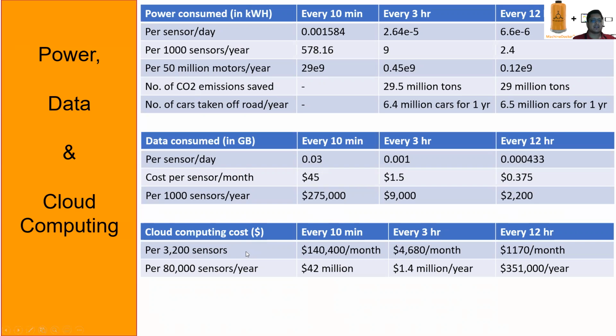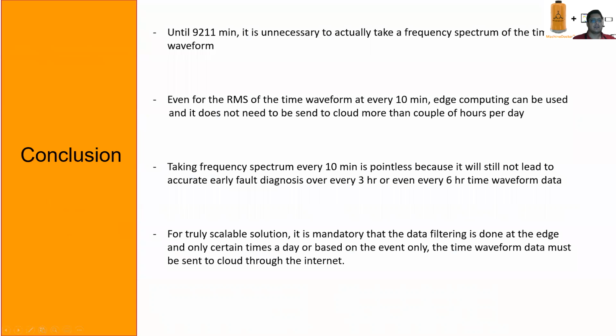For a large conglomerate that has up to 80,000 sensors installed, this can cost almost $42 million per annum with every 10-minute waveform data, while with every 12-hour waveform data, these costs are well manageable, at just $350,000 per annum.